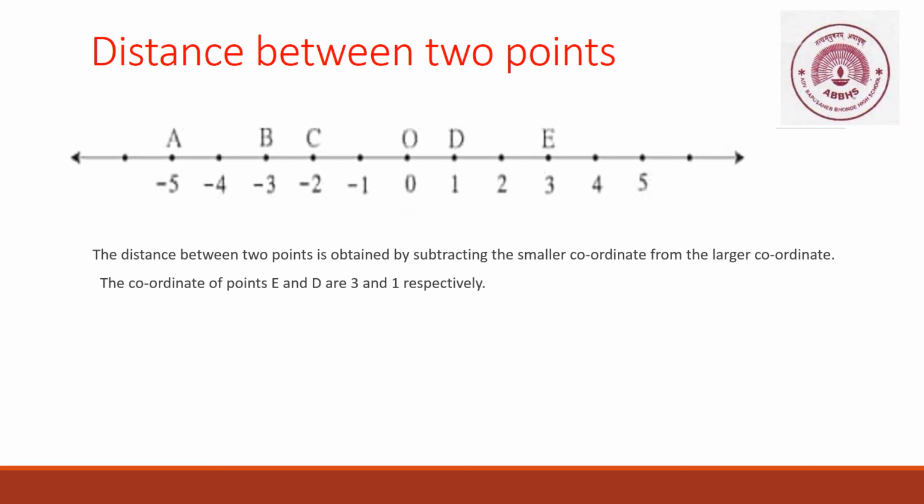Example: the coordinates of points E and D are 3 and 1 respectively. As you know, 3 is greater than 1. Therefore, the distance between points E and D is equal to 3 minus 1, that is, larger coordinate minus smaller coordinate, which is equal to 2. 3 minus 1 is equal to 2.